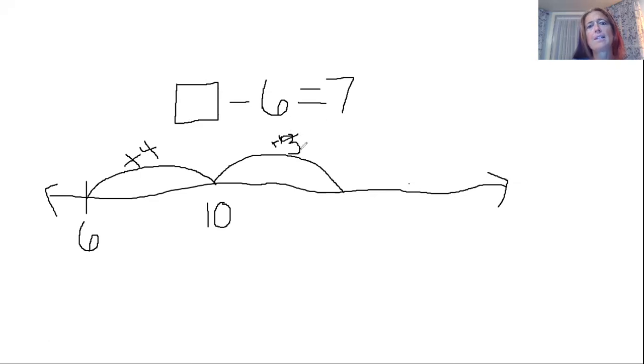There we go. So I'm going to add my remaining 3, okay. So that will take me to the number 13 because 10 plus 3 is 13. So 13 is our unknown because 13 minus 6 equals 7.